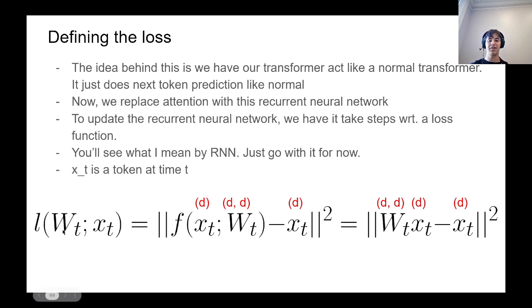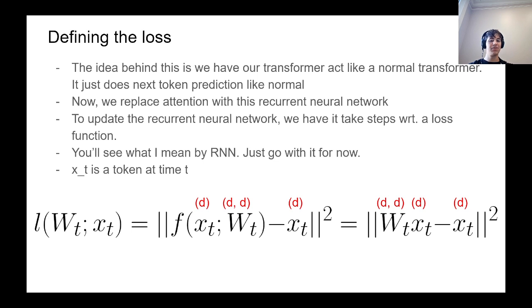So just imagine you have a normal neural network. For a normal neural network, you give it a loss function, and you optimize it using gradient descent. We're going to be doing that here, except WT is going to be our model, L is going to be our loss function, and instead of this being the loss function for our model, we're going to have this as a model inside another model. So we have our normal model, a normal transformer, learning next token prediction. And for our normal transformer model, we have attention.